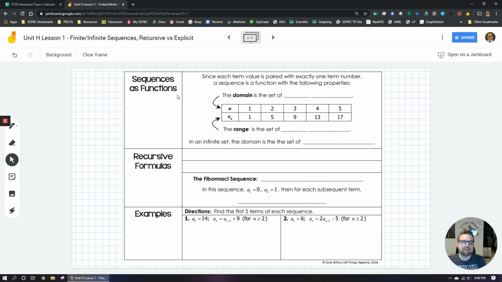So because there is exactly one output for every input, a sequence is actually a function. So the domain of that function is going to be the set of the term numbers, and the range, or the outputs, the y's, that's going to be the set of the actual term values.